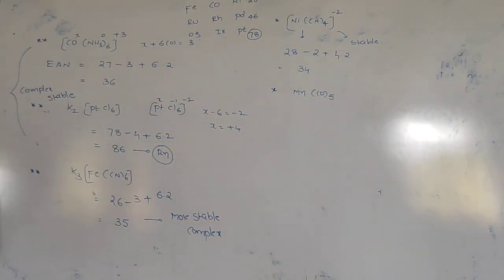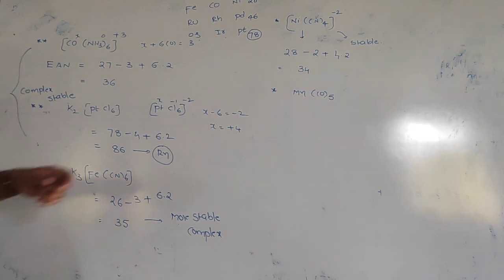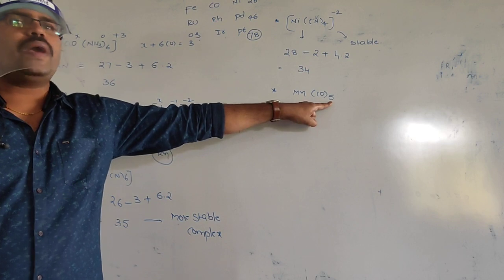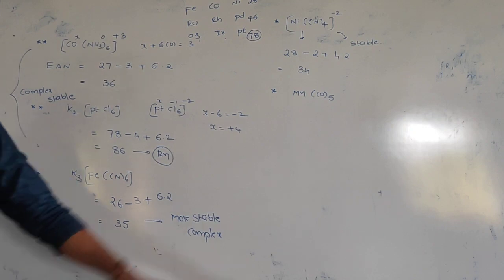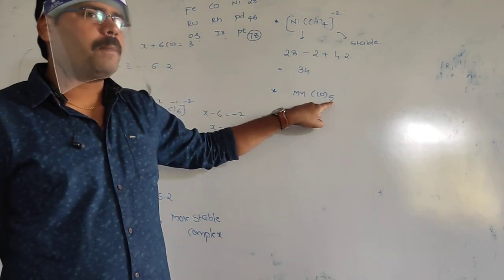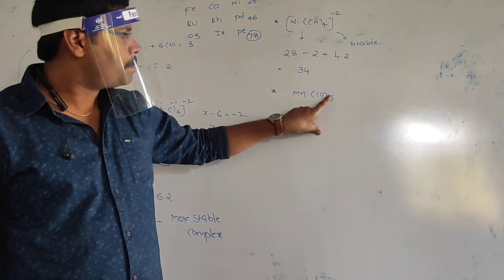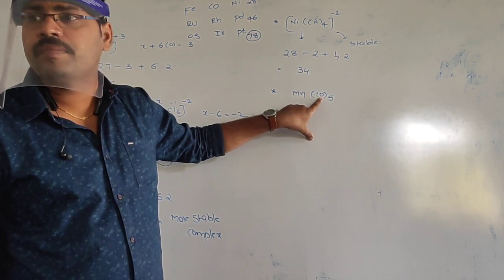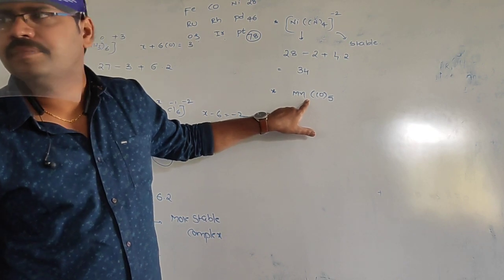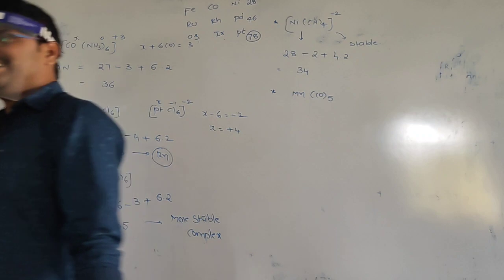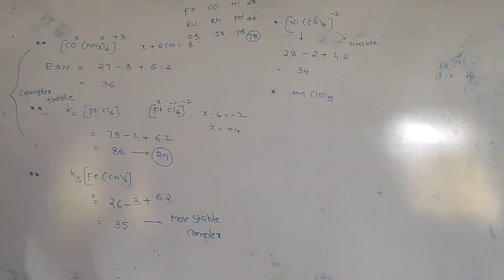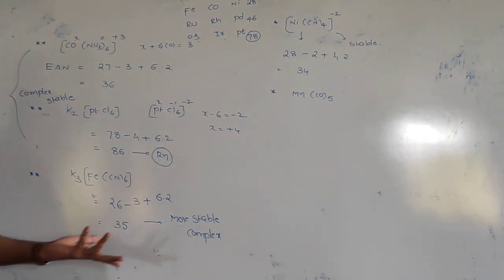Could you please calculate the effective atomic number? What is the IUPAC name first of all? Mn(CO)5, what is the IUPAC name? Pentacarbonylmanganese. It is not a negative state, so what is the oxidation state in the bracket? The oxidation state is 0.